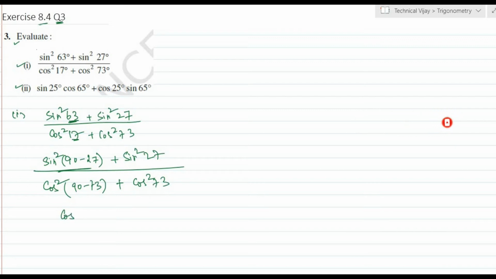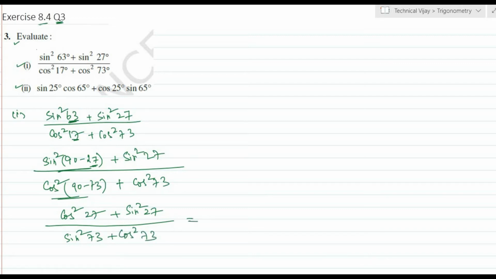So this will be equal to cos square 27 plus sin square 27, divided by, cos of 90 minus theta is sin theta, so sin square 73 plus cos square 73. Sin square theta plus cos square theta is equal to 1, and this is also 1. So the value will be 1 only.